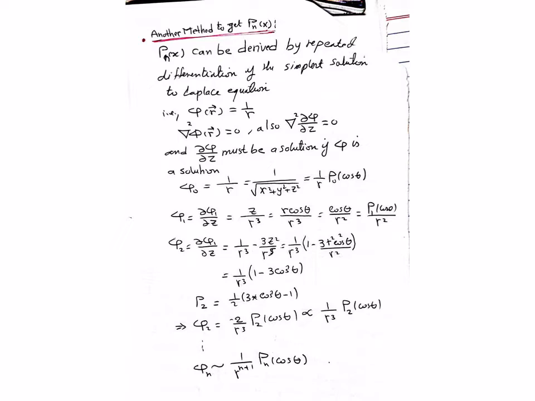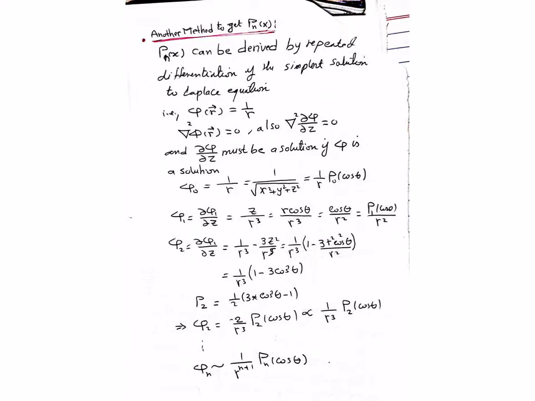So phi 0 is 1 over r, where r is the square root of x squared plus y squared plus z squared, which is 1 over r times 1. 1 is P0 of cosine theta. Phi 1 is d phi 0 by dz, which is z over r squared, which is r cosine theta over r cubed, which is P1 over r squared.